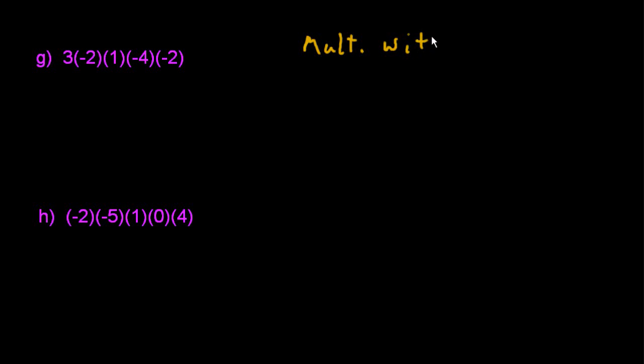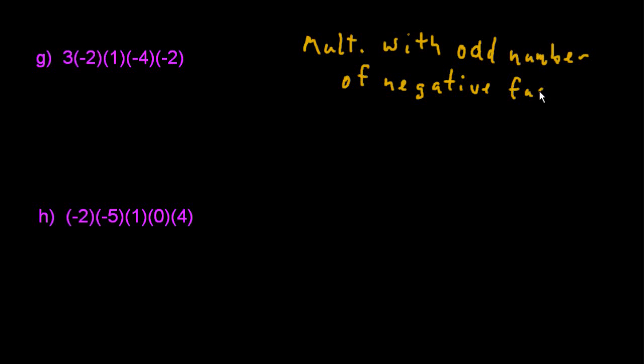If we multiply with an odd number of negative factors, the product is going to be different than when we had an even number, when the product was positive. In this case, the product is negative.